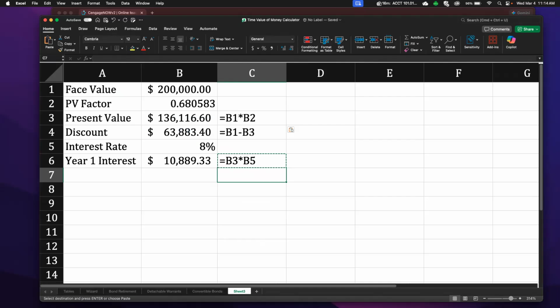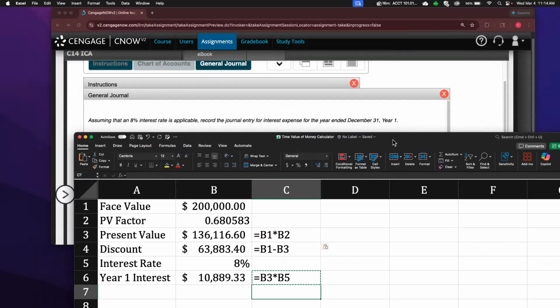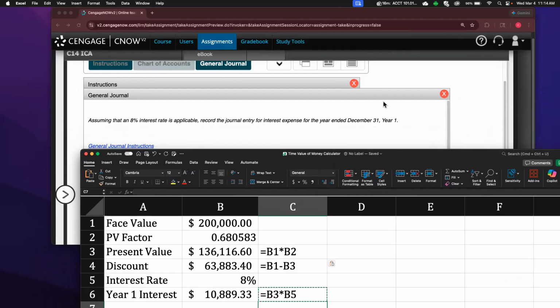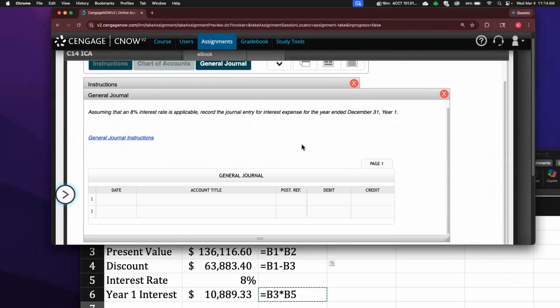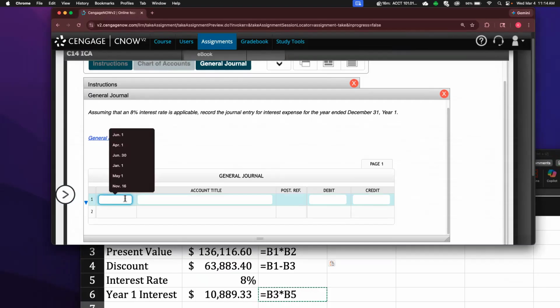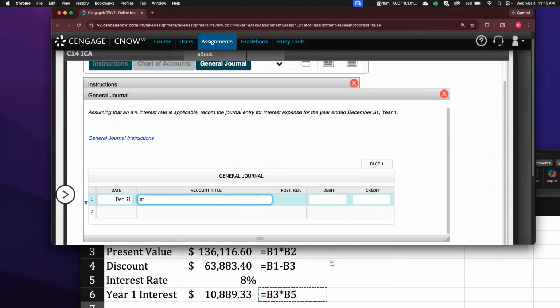So let's do our journal entry with this information. Assuming that an 8% interest rate is applicable, record the journal entry for interest expense for the year ended December 31st, year 1. December 31st, interest expense for the $10,889.33.